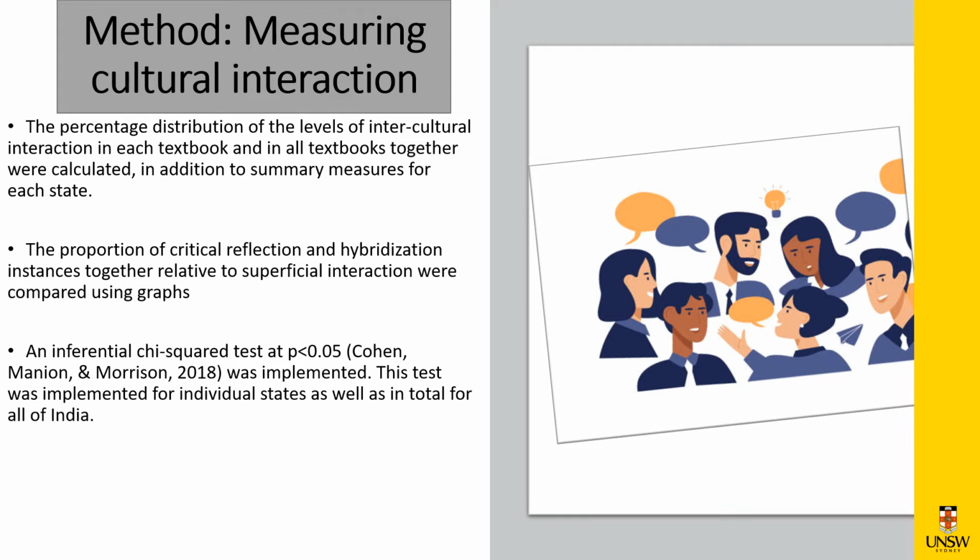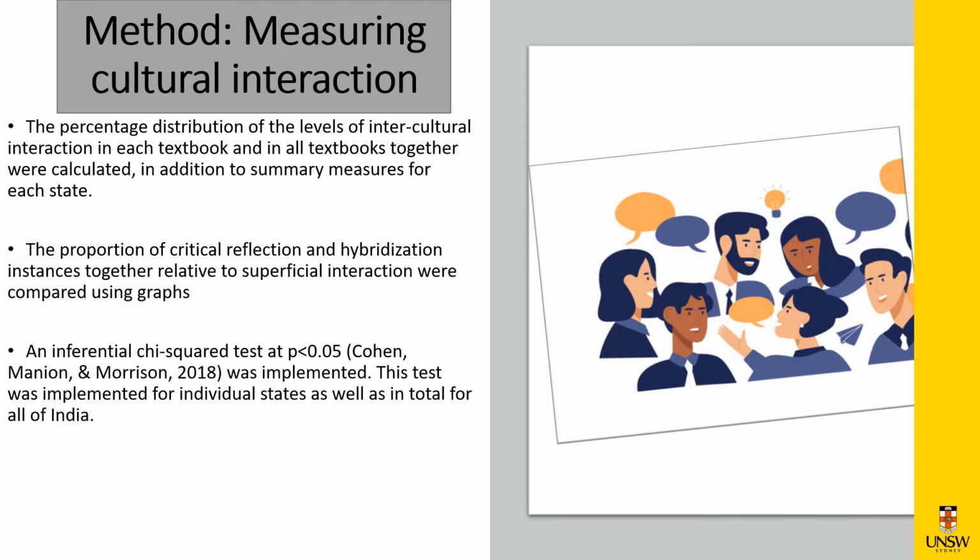In addition to this, an inferential chi-square test was implemented. This test was implemented for individual states as well as in total for all of India. A significant difference would imply that one form of cultural interaction dominated, and a non-significant result, where the percentage difference and its 95% confidence intervals encompassed 0, would imply similar levels of critical or hybridization and superficial interaction instances.